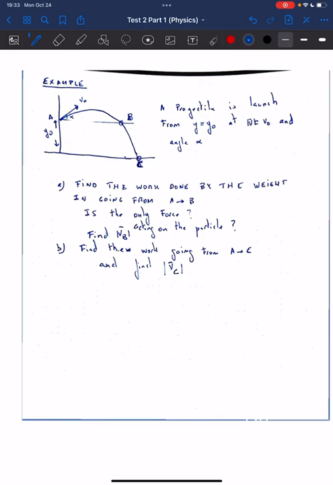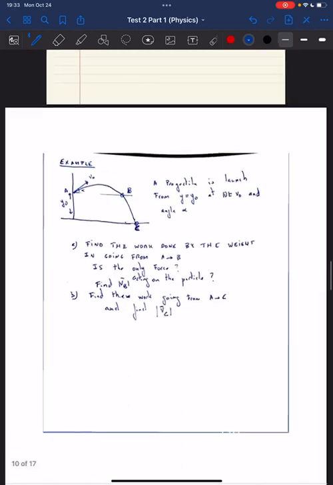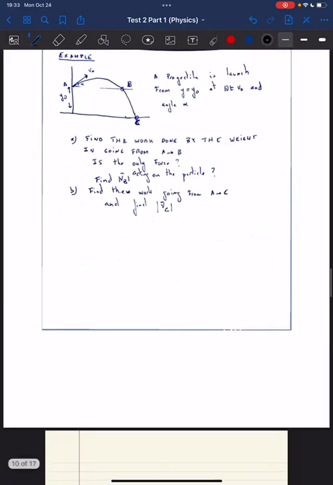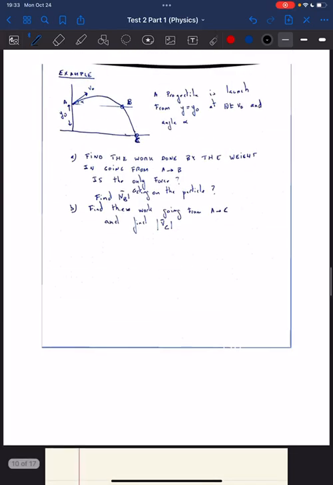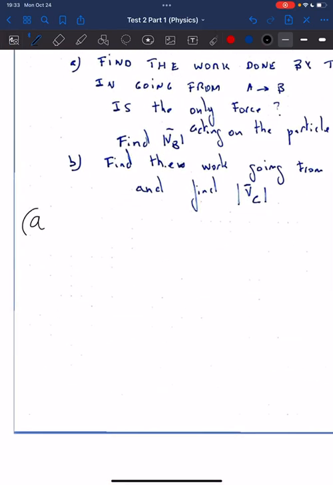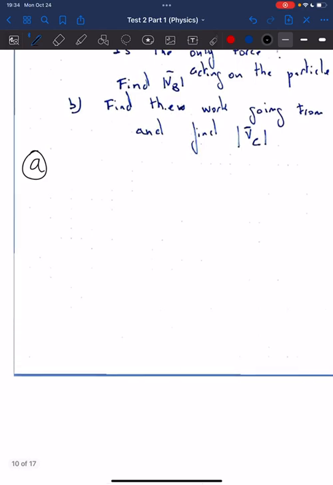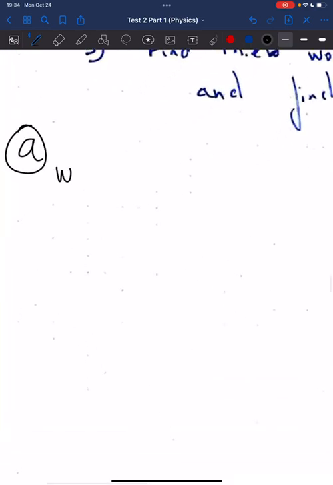So in this case, this is number 5, I believe. So, as I said before, the work from A to B will equal the force acting upon the change.